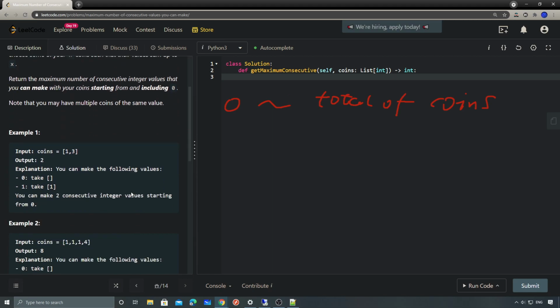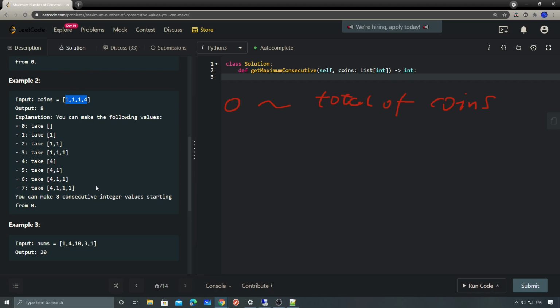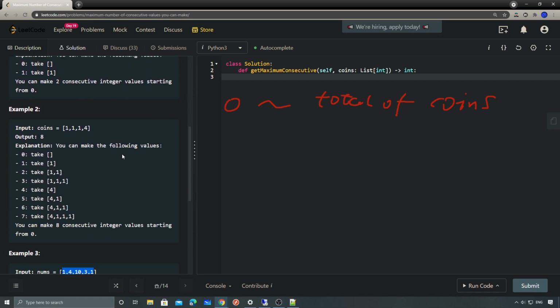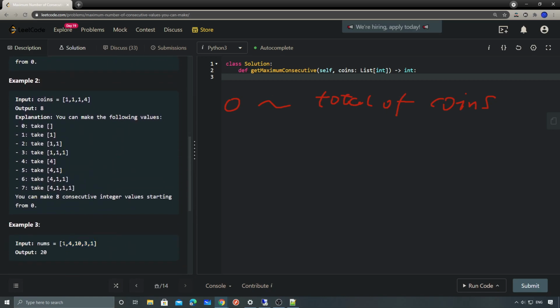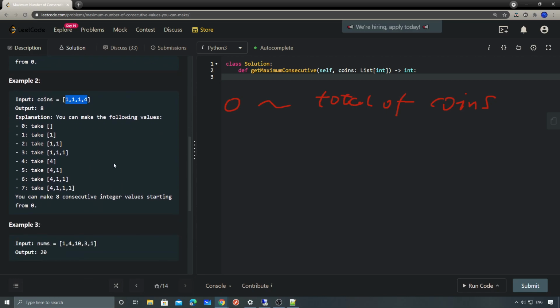So we have to find another solution. If you watch this closely, I think it shouldn't be that hard to realize that when we try to make this x, we should use the values from the smallest to the biggest, just like what we're doing here for example 2. Actually, for example 3 here, if we sort these numbers, we have 1, 1, 3, 4, and 10.